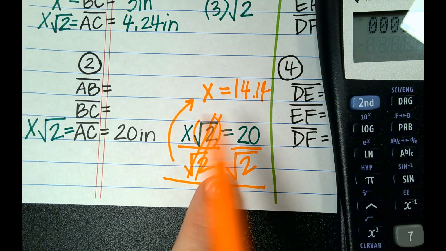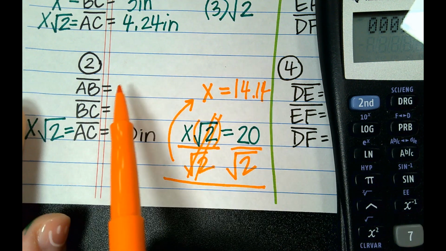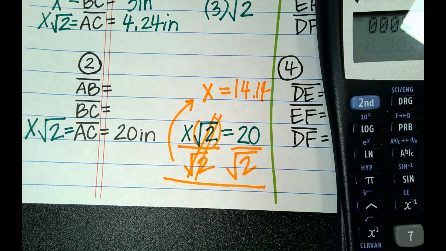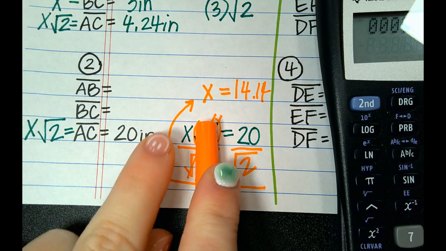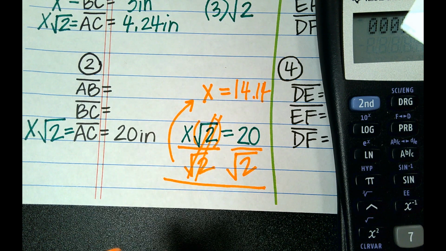So how do we use this information? I know that this is x. How is this going to help us solve for my other missing sides? Erica. The other sides just are that. Because why? Because x is the length of those sides. Perfect.